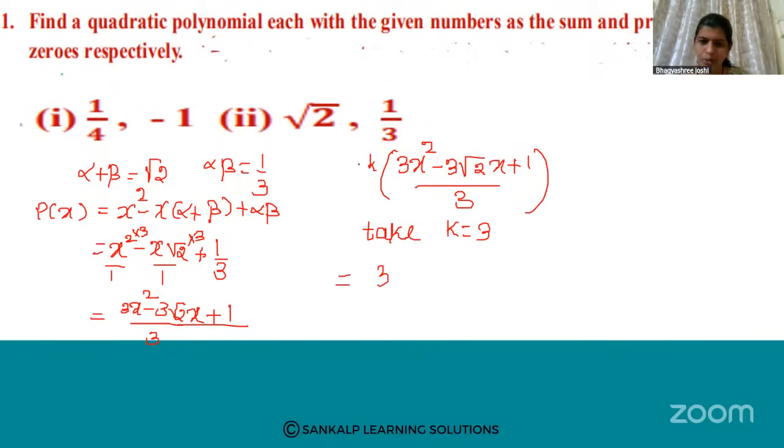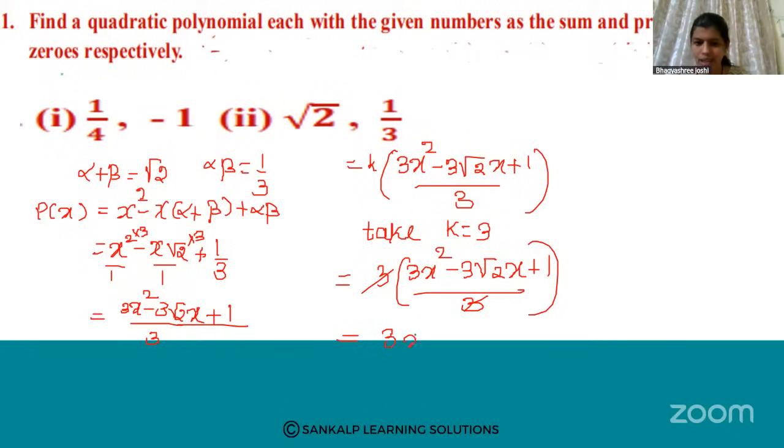So 3 into 3x square minus 3 root 2x plus 1 divided by 3. Right? 3 and 3 will get cancelled. Finally, what you will get? 3x square minus 3 root 2x plus 1. This is our required polynomial.